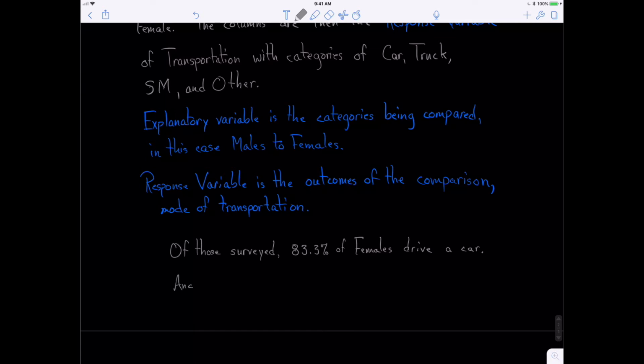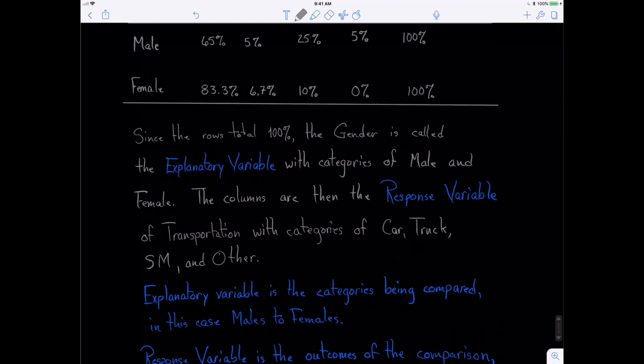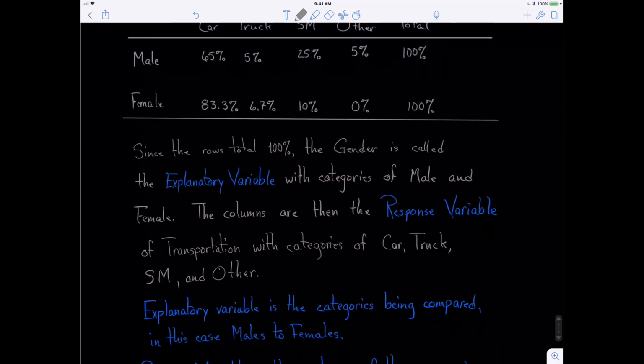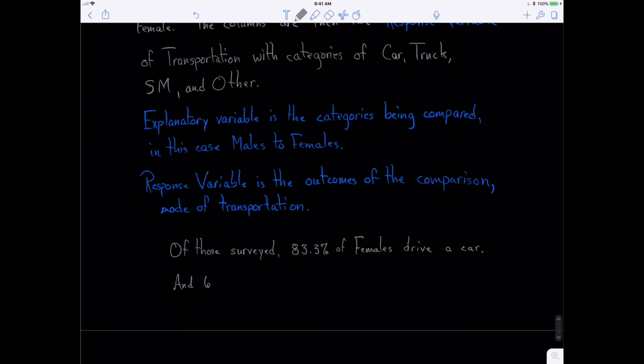And what did we have for our males? Let's double check. 65% of our males drove a car, so 65% of males drive a car.